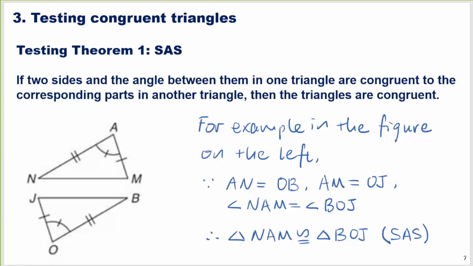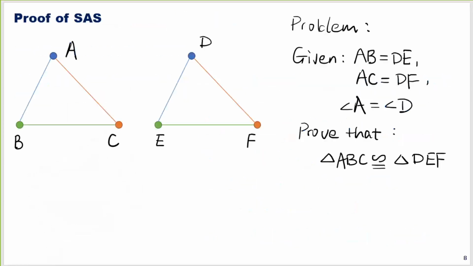So the problem is, can you prove this is actually true? Are you clear with testing theorem 1? Okay, think about this question here. Let's try to prove the theorem SAS.